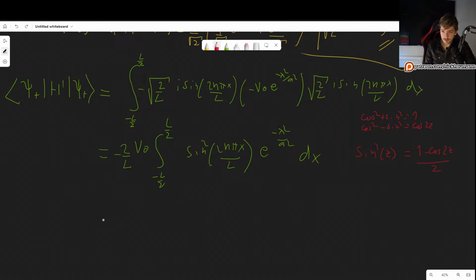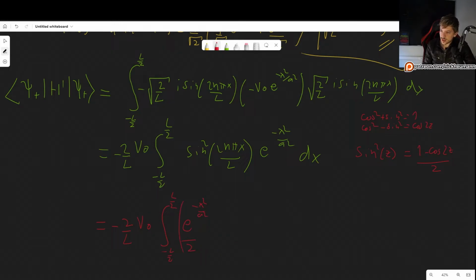It's very important. So this is equal to minus 2 over L v0. And now, let's see, so this is the integral from minus L over 2 to L over 2, and now we have 1 minus this. So with the 1, we get minus x squared over a squared divided by 2.